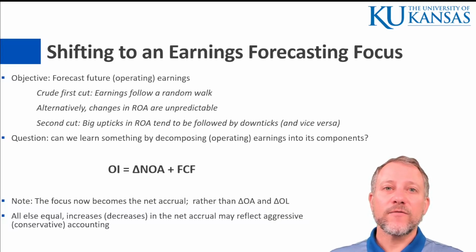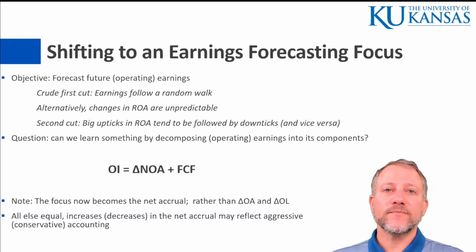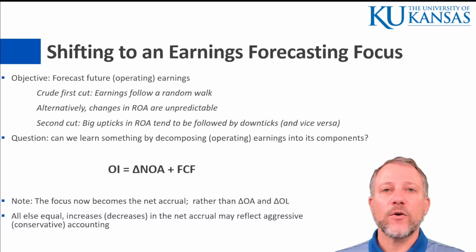Now, to frame our thinking in this profitability perspective, you might have heard the phrase, earnings follow a random walk. Or another way of saying that is that as a rough first approximation, changes in ROA, return on assets, are unpredictable. The way that I want you to think about this is in terms of basic economics and competitive forces.